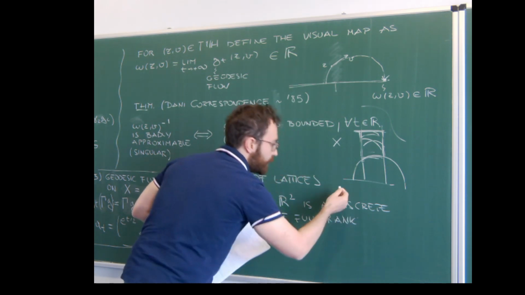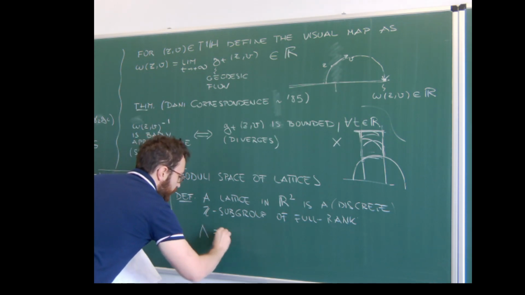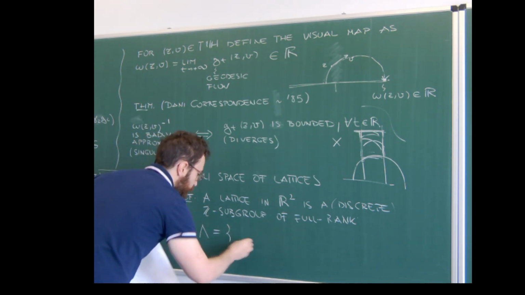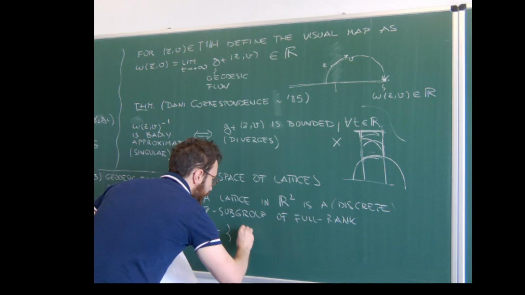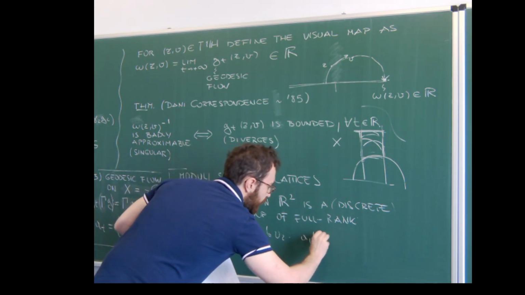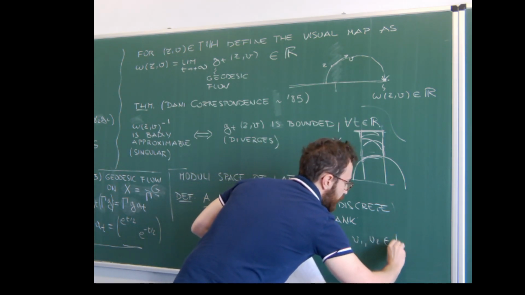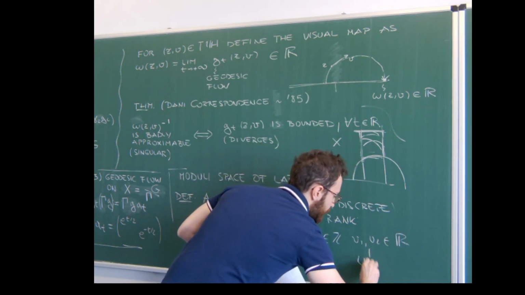Maybe you don't even need to specify this, but it's something of the following shape: Lambda is equal to a v1 plus b v2, such that a and b lie in Z, and v1 and v2 lie in R2 and are linearly independent.